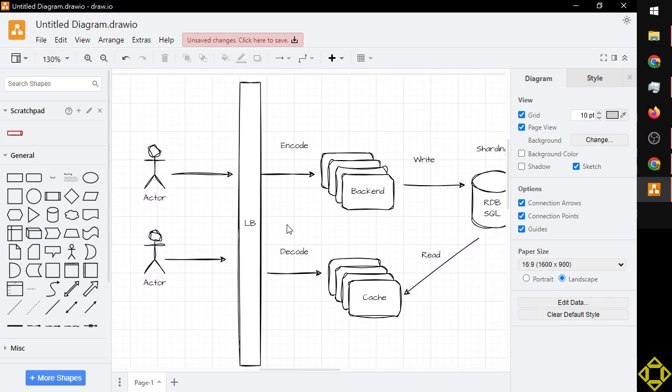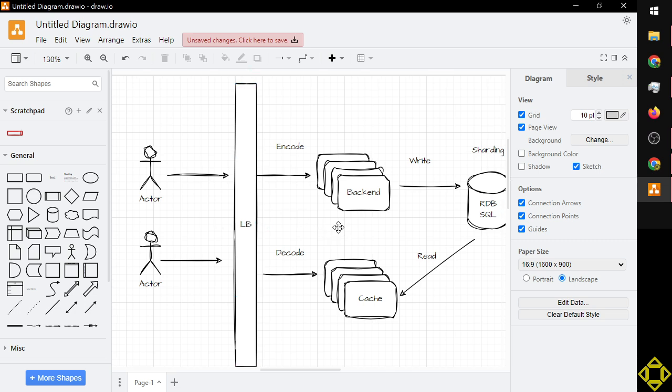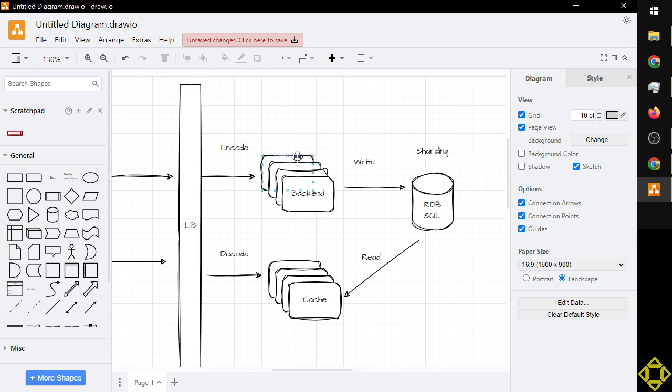Okay, now we have a design graph. Currently, we will assume that there are users, so they will pass to the load balancer first. And then if a user is trying to write to the database, that means we will encode the URL into a short URL.